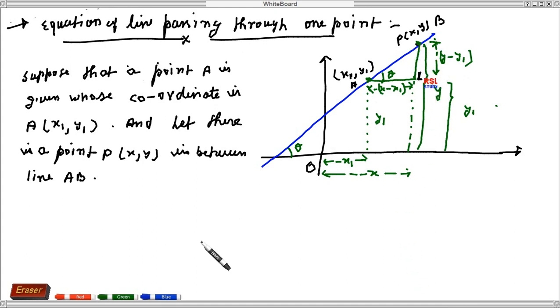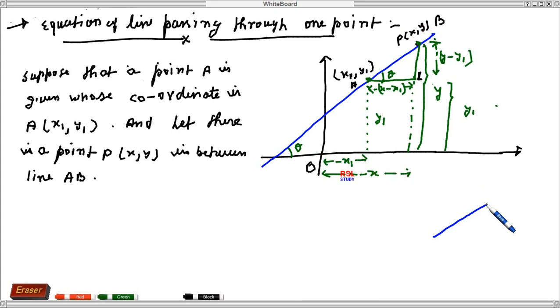Suppose this is point P, this is point L, and this is point A. Now I repeat: traveling x1 units on the x-axis and then y1 on the y-axis, we reach point A, x1 comma y1. Traveling x units on the x-axis and then y units on the y-axis, we reach point P, whose coordinate is x comma y.